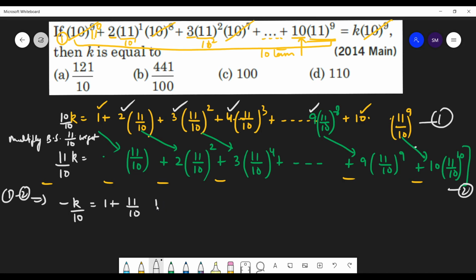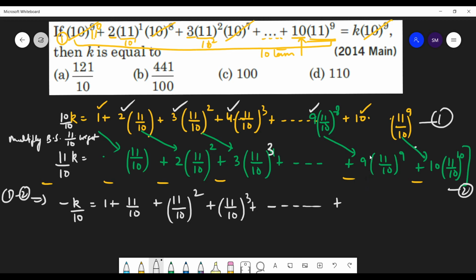So 11 by 10 plus, now 3 minus 2 is again 1. So that's what I have done. I cannot make it 0. I have to make it 1 every time. So that's my strategy. Okay? So 11 by 10 square. Then 4 minus 3 is again 1. Here it will be 11 by 10 cubed. Plus so on.